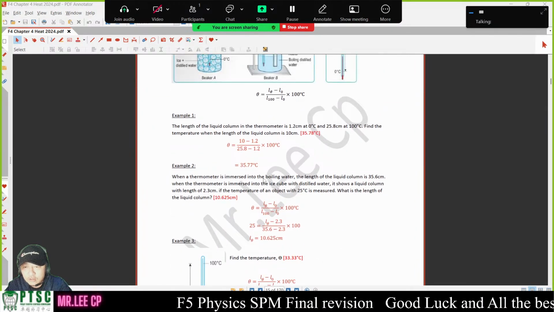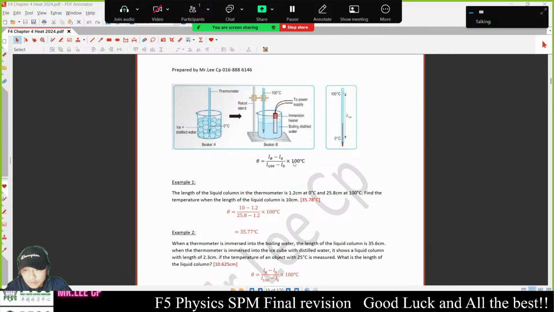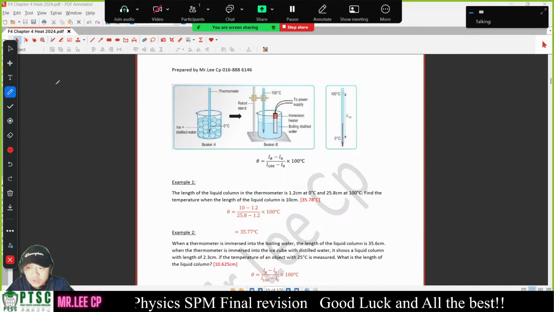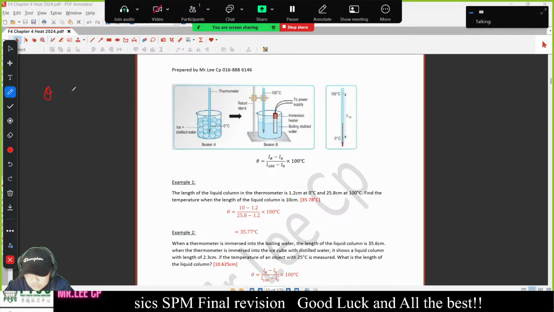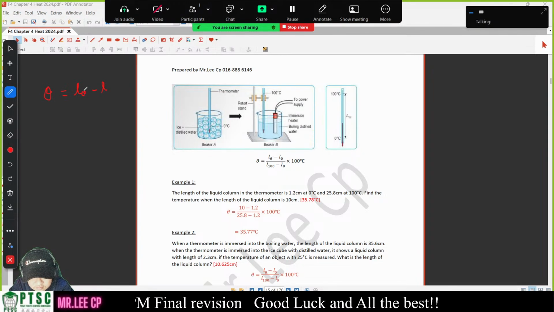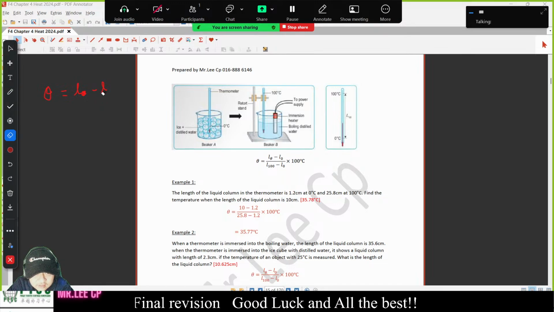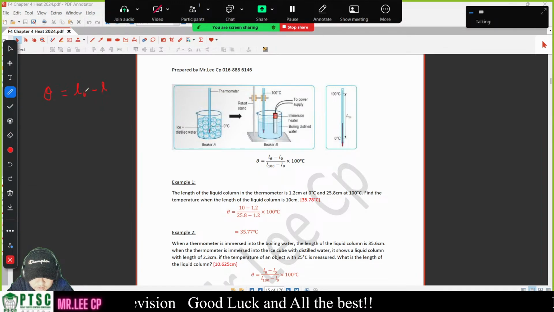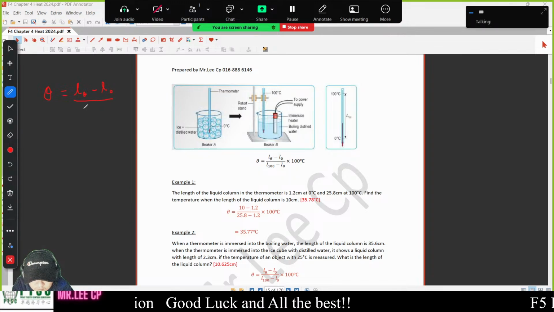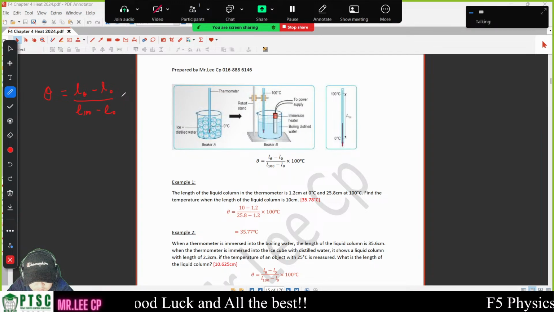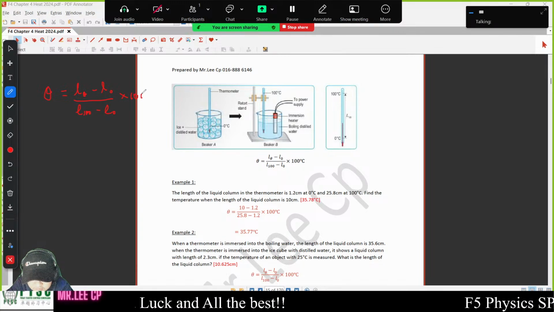So this one, you need to know how to use the formula. I will take one example only. Theta is equal to L theta minus L0 over L100 minus L0, times 100 degrees Celsius.